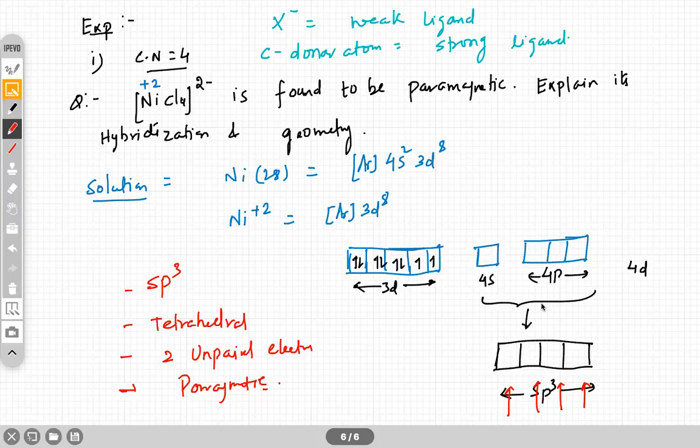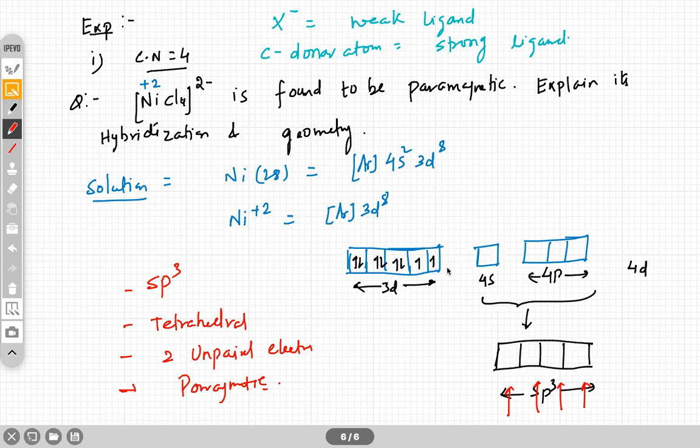Correct. Now, suppose this is a strong ligand. Cl obviously is a weak ligand, so there is no pairing against Hund's rule. If it is strong, then this electron pair jumps over here and makes this orbital vacant. Then this orbital also takes part, and 2 orbitals will come from the p subshell.